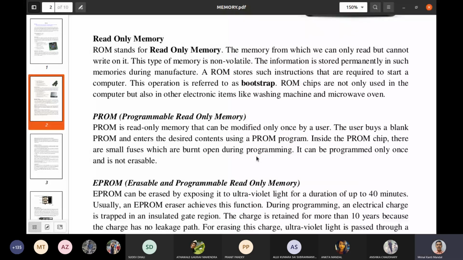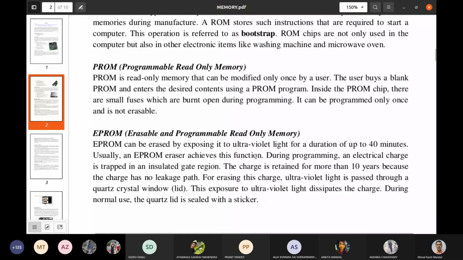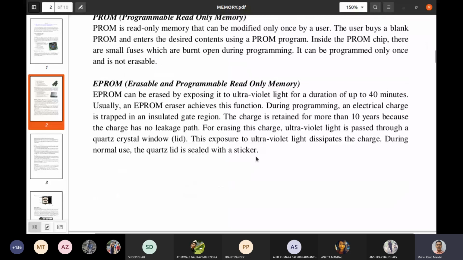Another is EPROM. This is basically erasable programmable memory, and it can be erased by exposing it to ultraviolet light, and this light duration should be sufficiently large, maybe of the order of 30 to 40 minutes usually.